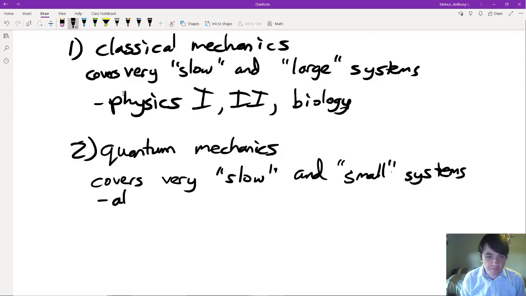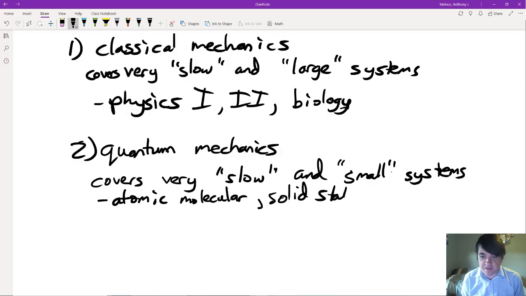The type of physics you would cover with this is called atomic molecular physics, where you're looking at single atoms or maybe very simple systems of molecules, and understanding how they move and how they interact with other things around them, their environment. This consists of solid state physics, which is basically semiconductors, or can be semiconductors. These are different materials and how, say, electrons move through those materials.